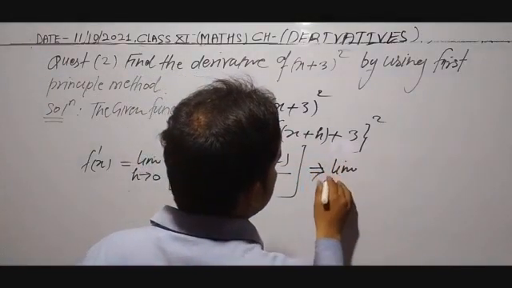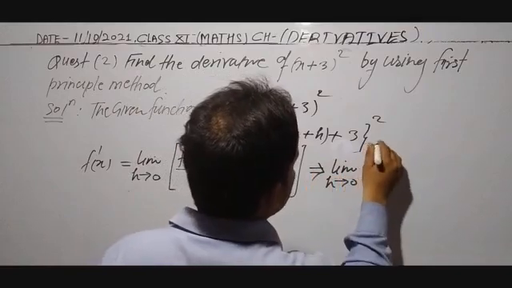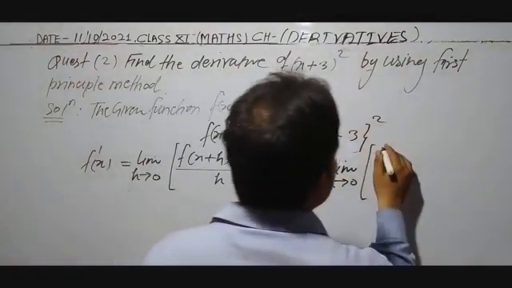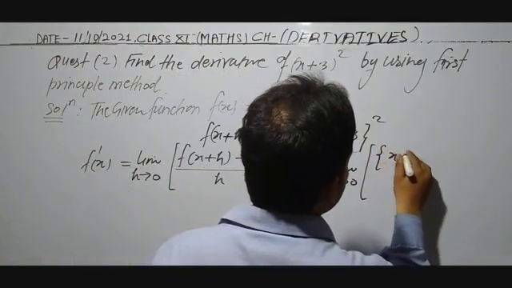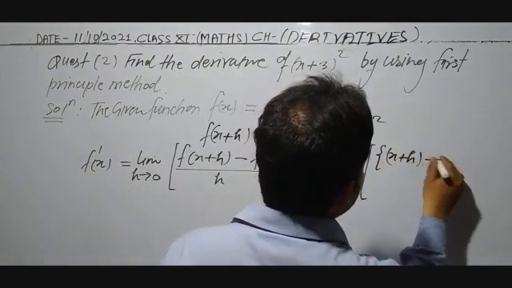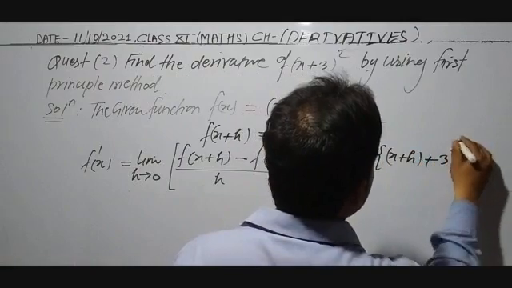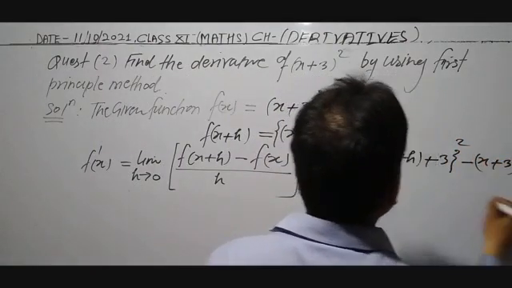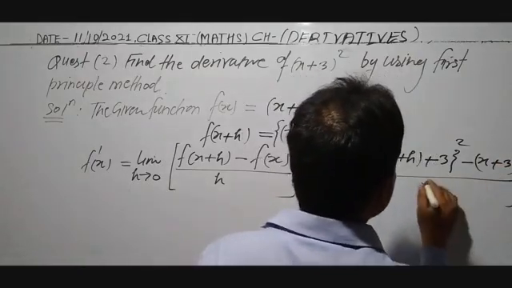So result will be limit h tends to 0, (x plus h plus 3) whole square minus (x plus 3) whole square whole upon h.